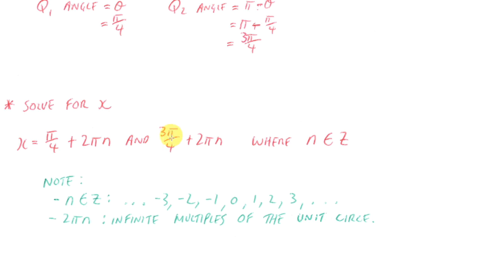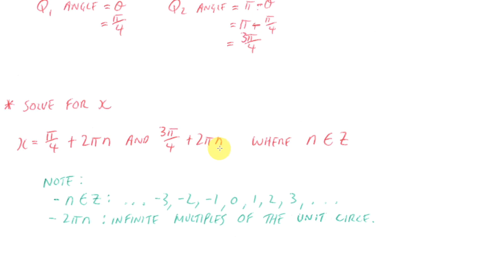The other solution that satisfied the equation when we did one forward revolution of the unit circle is 3 pi on 4. And I can have multiples of 2 pi added to that as well. Now here you can see I'm adding, but of course if n was a negative number, then that would be subtracting multiples of 2 pi. So the values of n that we can have are any whole numbers that are both positive and negative.